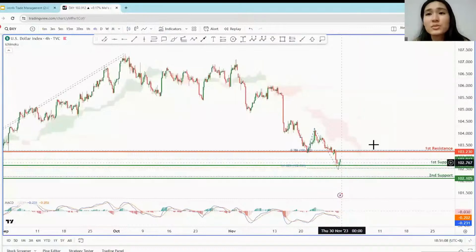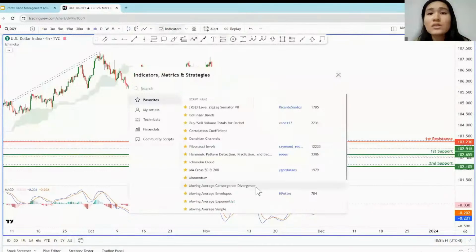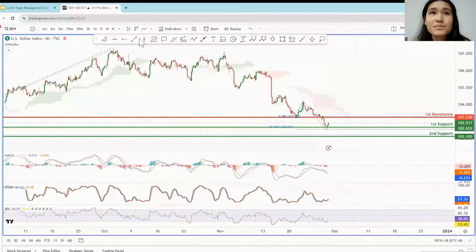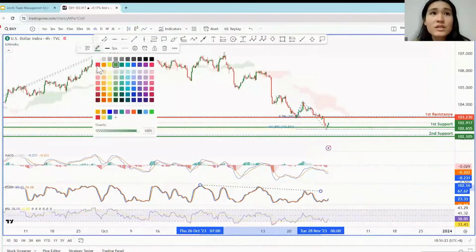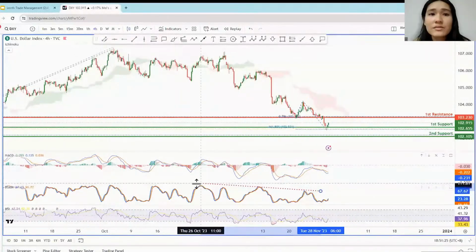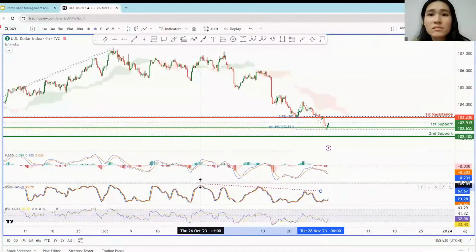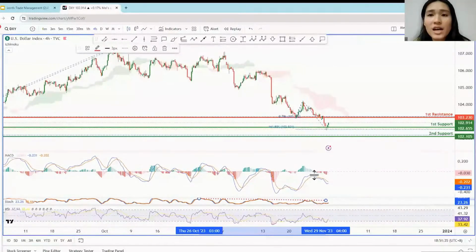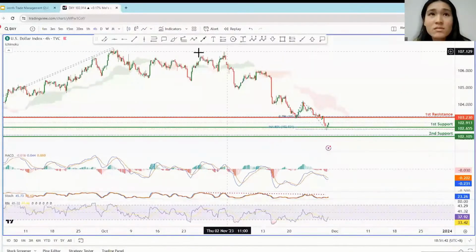Okay, price is moving below the Ichimoku cloud, so it supports our bearish signal, MACD as well, and RSI and stochastic. Okay, stochastic is moving in this descending trend line. Okay, whereas our RSI, let's see.